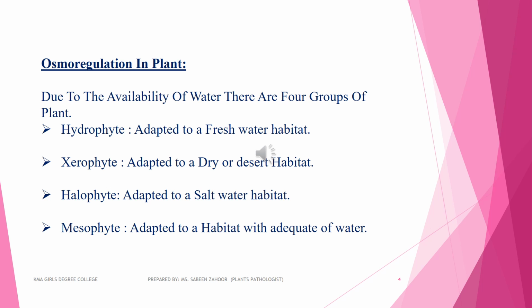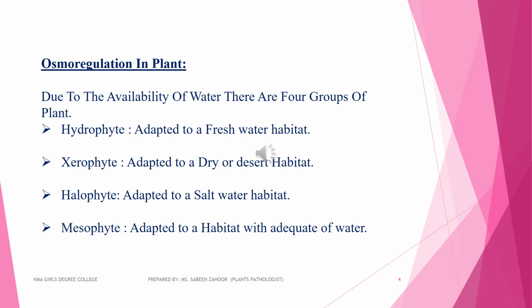Xerophytes are adapted to a dry or desert habitat, because xerophytes are those plants which live in dry conditions, with a deficiency of water, where the temperature is very high and the soil is very dry, right?